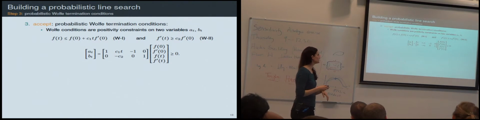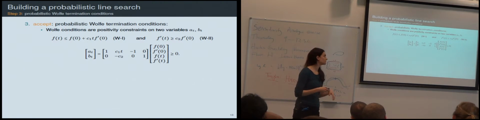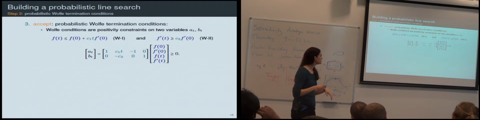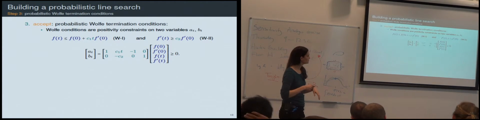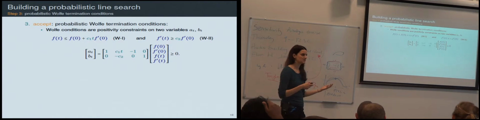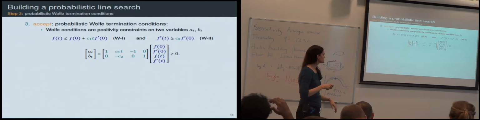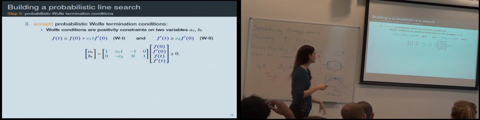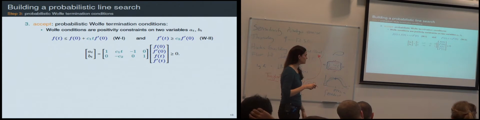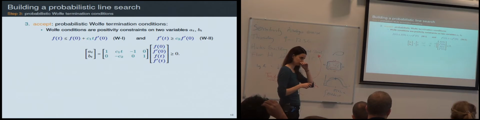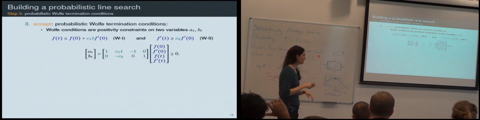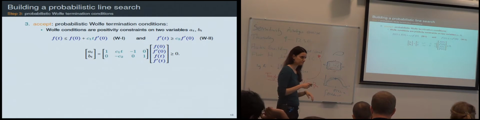Okay, and the third thing that we need is the Wolfe conditions. These are the weak Wolfe conditions I showed at the beginning, the acceptance criteria. You can rewrite these two formulas such that it's an inequality for A and B greater than 0. And A and B is a linear map over function values and gradients.